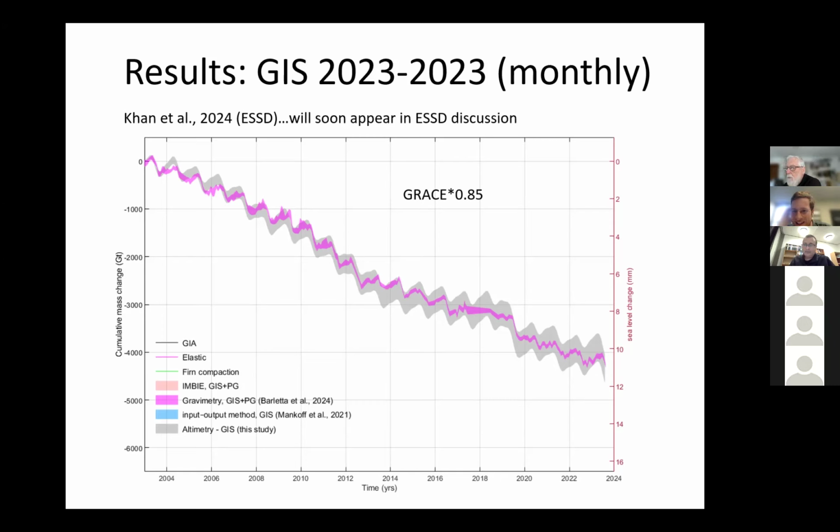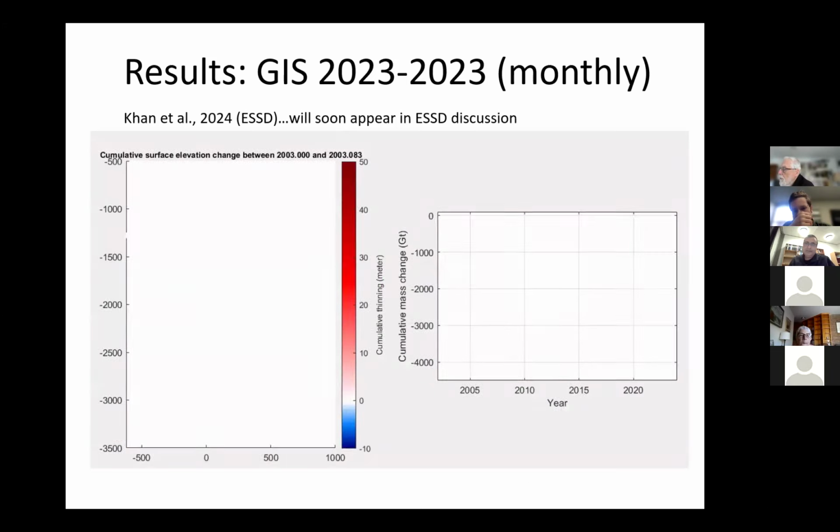We have a question in the chat from Vivian. Yeah, my question is, if you included the peripheral glaciers, would you get a larger contribution to global sea level from Greenland? Oh, yes, definitely.